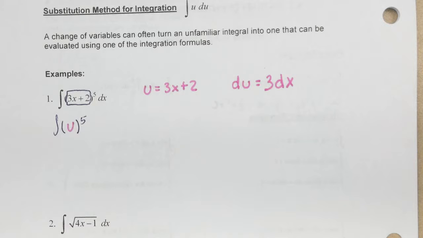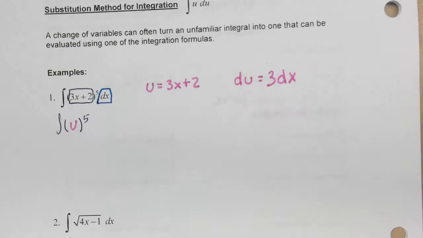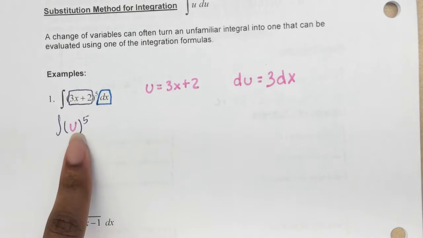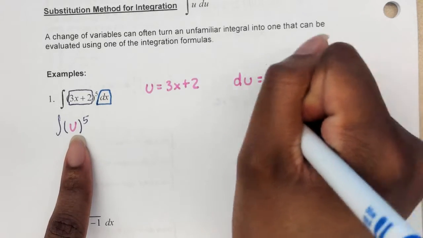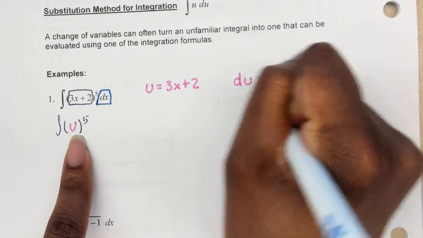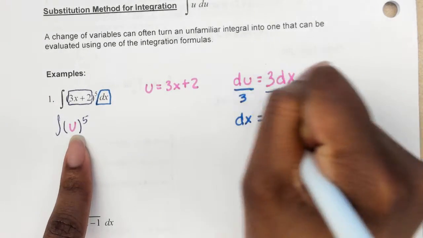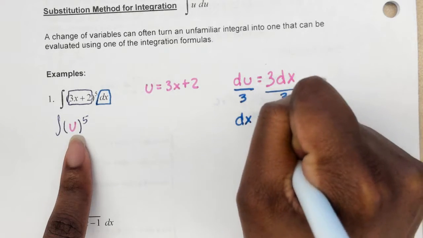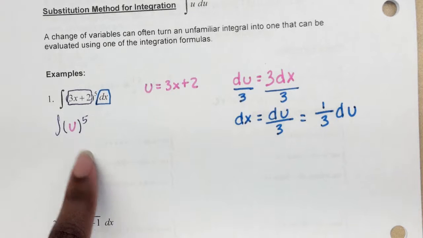So the whole point in doing this is so that I can substitute something for dx that's in terms of u. So I'm going to solve this for dx. In order to do this, I'm going to divide by 3. So dx is equal to du over 3, which is the same thing as 1/3 du.